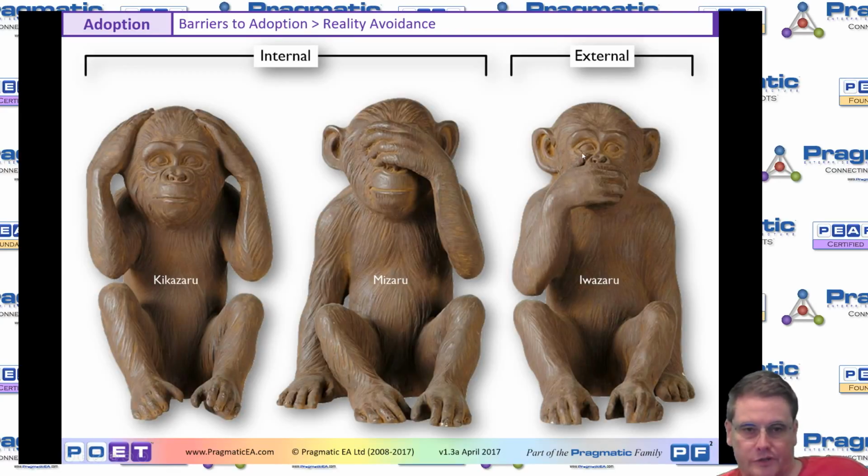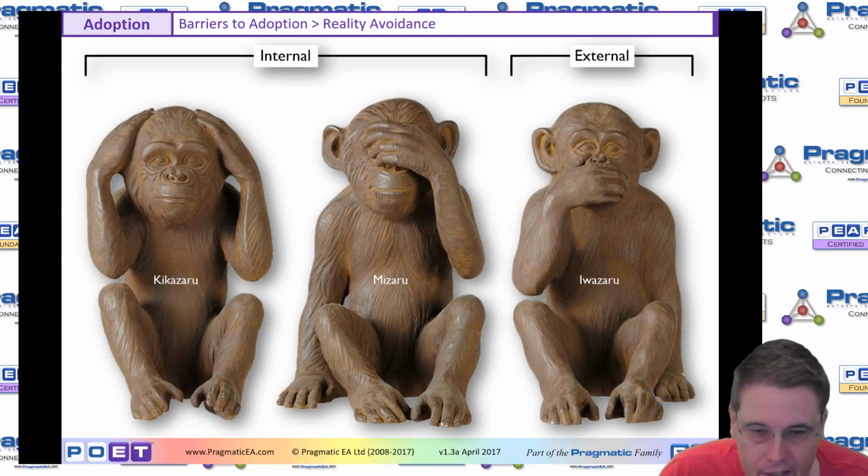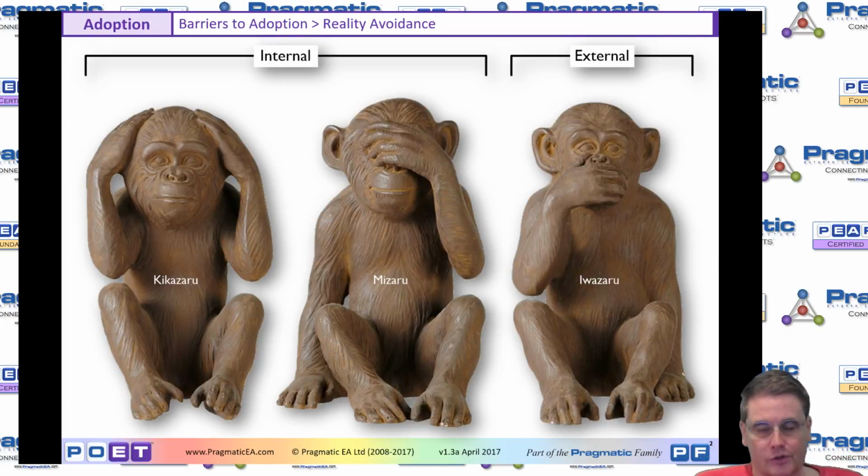From the external point of view, when I say external, we're talking about external consultancies. External consultancies won't want to tell you about this. They won't want to tell you about how to mature your EA capability, and they certainly won't tell you about utilizing PEAF or something as pragmatic as PEAF to mature it, because if you improve and mature how you do enterprise architecture, and in fact your whole transformation domain, but the enterprise architecture part is the most important because it's at the front, you won't need to pay consultancies a lot of money to do a lot of work.